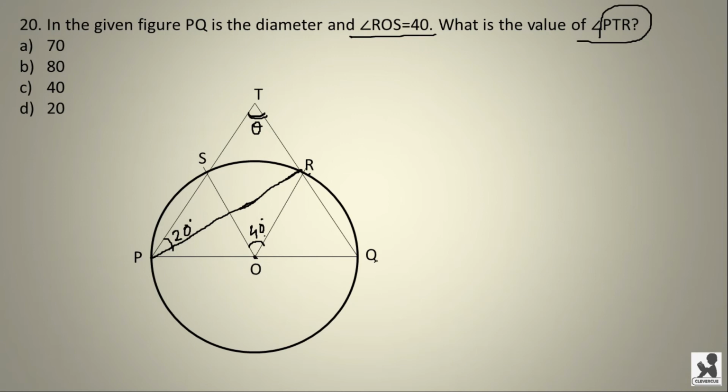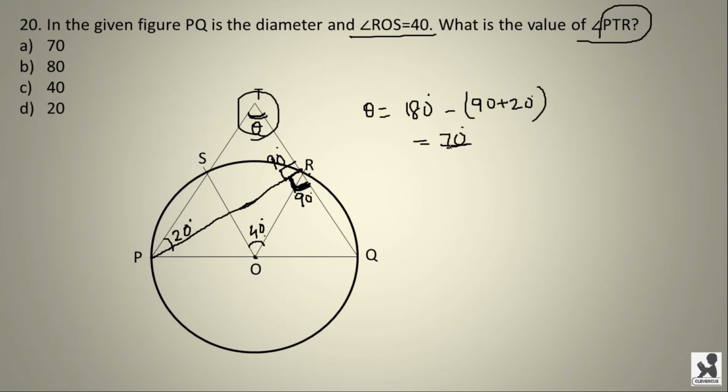And the another concept over here is PQ is the diameter, and in triangle PQR, R is the point on the circumference, and hence the angle in a semicircle will always be 90 degrees. And since this is 90 degrees, the angle TRP is also equal to 90 degrees. Now we can easily find the value of theta. Theta is equal to 180 degrees minus 90 plus 20 degrees, which is equal to 70 degrees. 70 degrees, option A is the right answer.